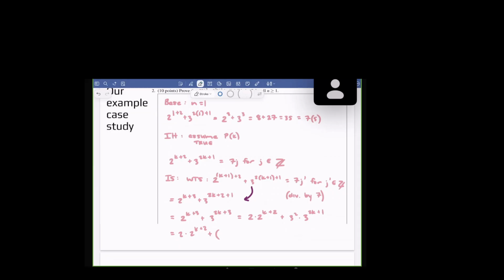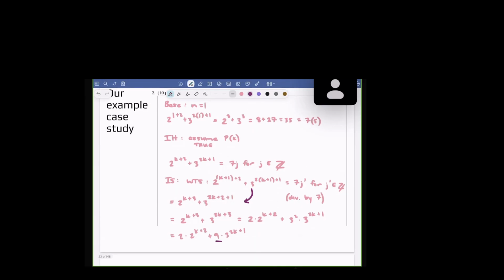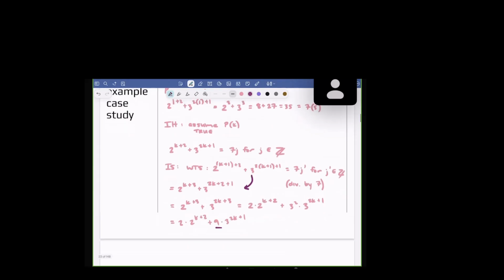You have to be a little creative to see the proof. But does anyone have an idea of what we can do to this 9 so that we could get our inductive hypothesis and use it? Oh, well, now I really couldn't tell, but now that you said that, maybe split it into 7 and 2.